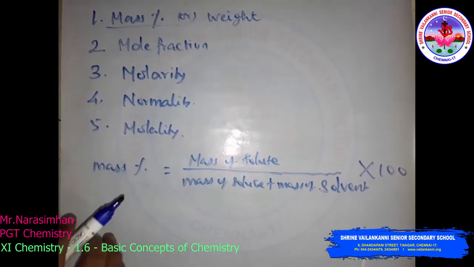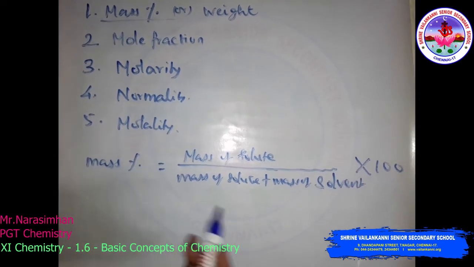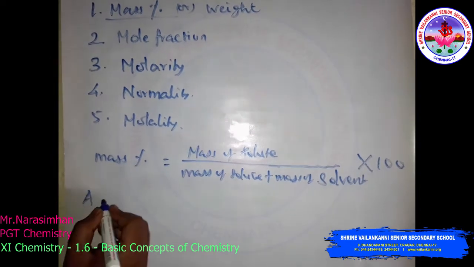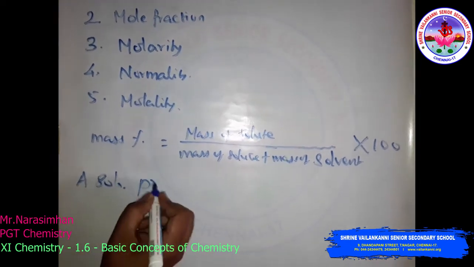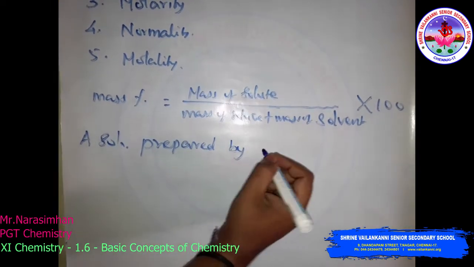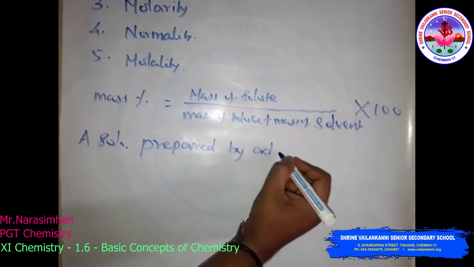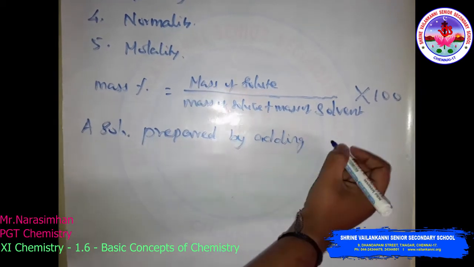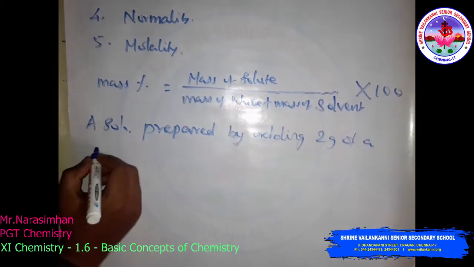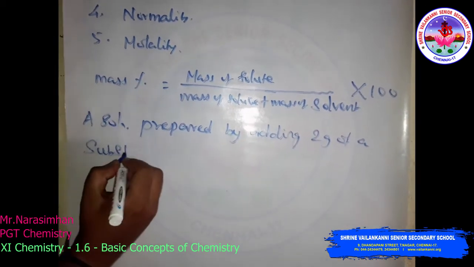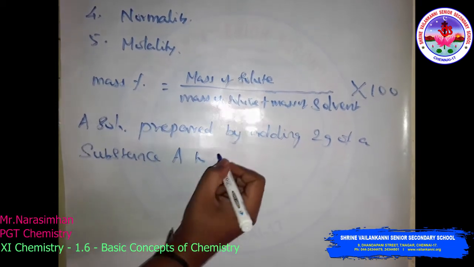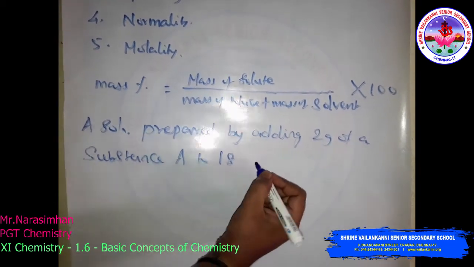We can calculate with the help of this formula what the percentage of a solution is. For example, a solution is prepared by adding 2 gram of a substance A to 18 gram of water.